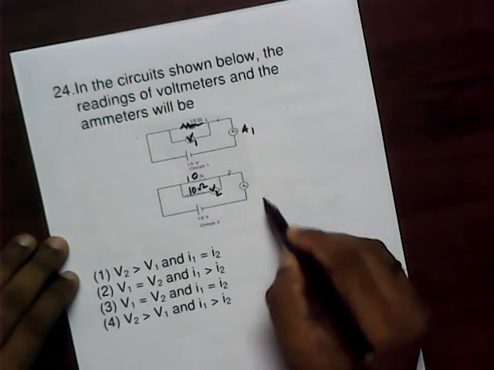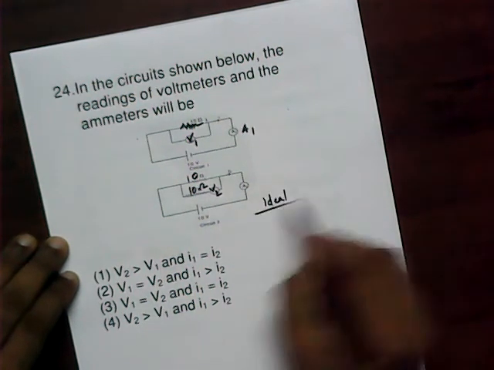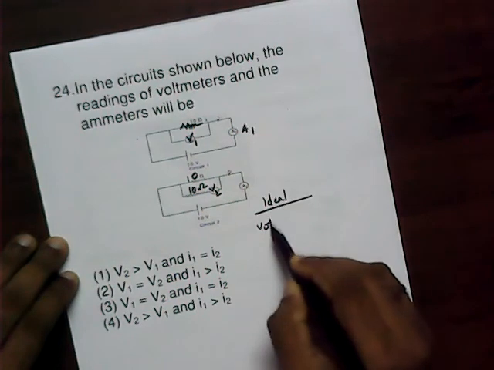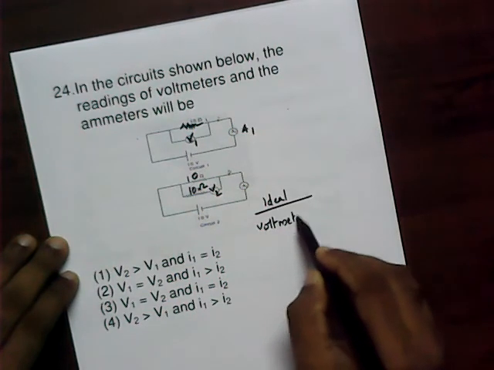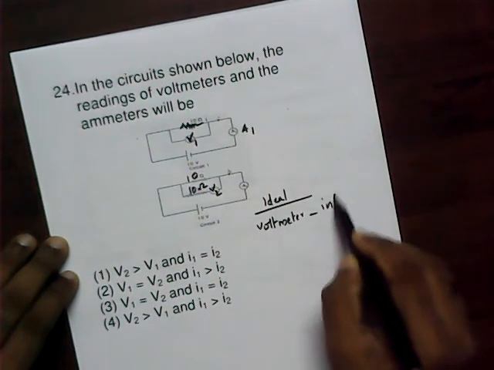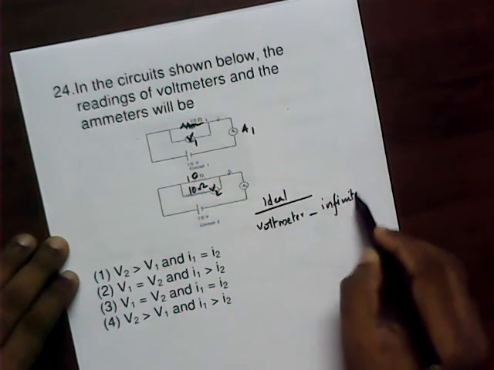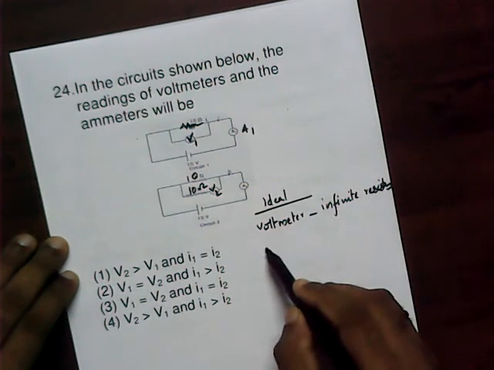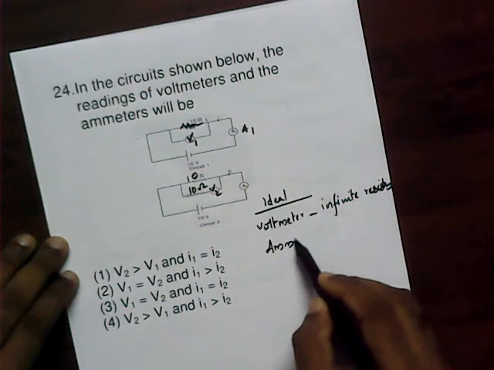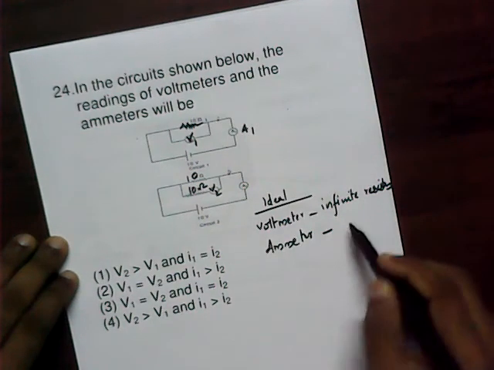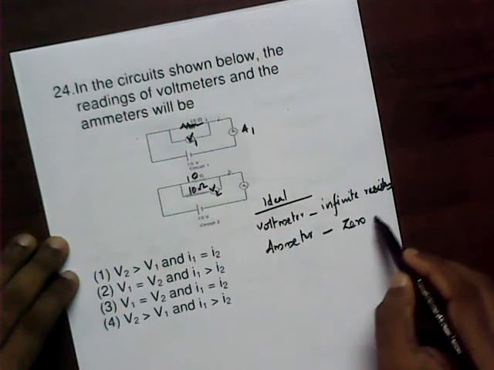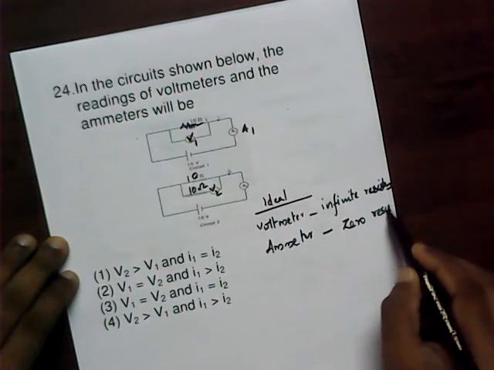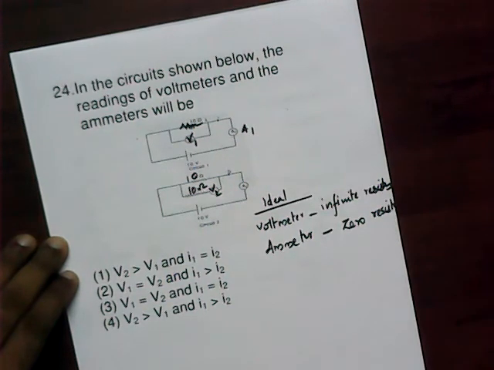But we know ideally the voltmeter, that is a very important concept, has infinite resistance. But for the ammeter, ideally it has zero resistance. The very important concept. Then we can move with that.